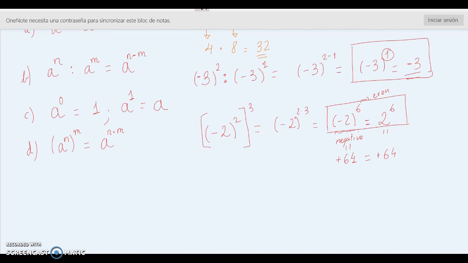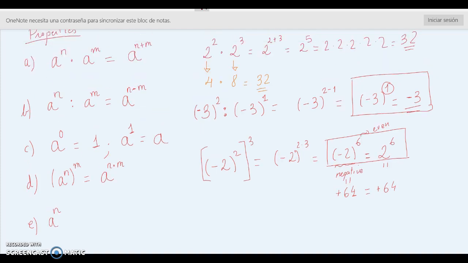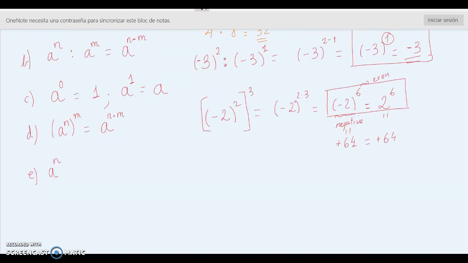And let's see the last property. Be careful with this, because it's very easy to confuse with the first property. We have also a multiplication, but not with equal bases.